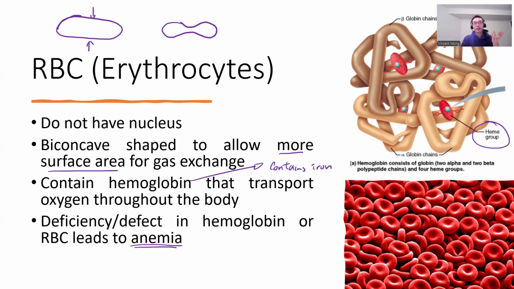If you don't have enough iron in your diet, then you can get iron deficiency anemia. There are different kinds of anemia, and at the root of all these different types of anemia is either you don't have enough hemoglobin or red cells, or the hemoglobins are defective because of mutations.